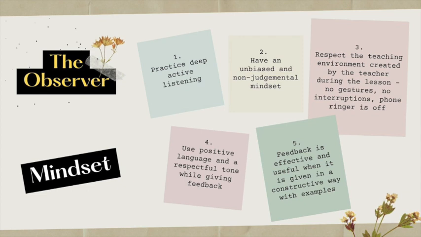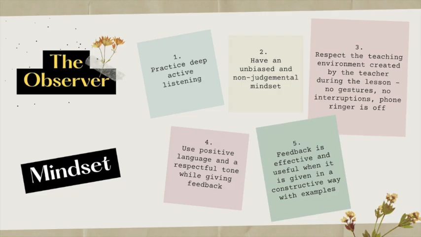As an observer, the most important mindset you need is that of a deep listener, somebody who has an unbiased and non-judgmental way of observing and listening. I think these are really hard to practice, and it's a process. Once you start becoming an observer, that experience is as important as being the teacher who is being observed.